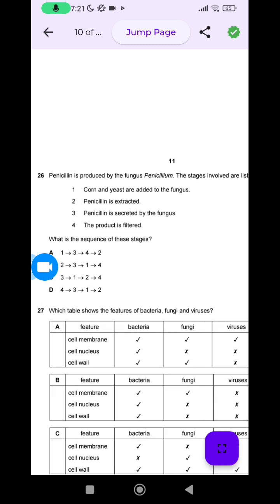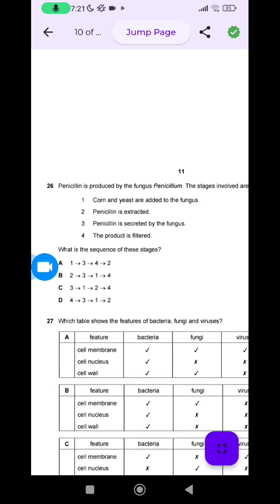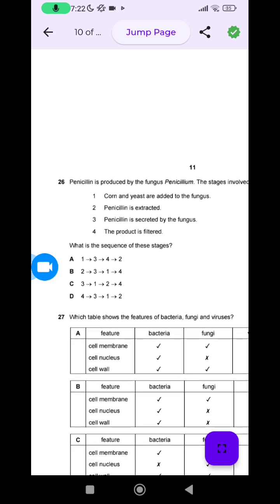Now, question 26. Penicillin is produced by the fungus Penicillium. The stages involved are: corn and yeast are added to the fungus. Penicillin is extracted. Penicillin is secreted by the fungus. The product is filtered. Now, as we may easily understand, the first step would be adding corn and yeast to the fungus.